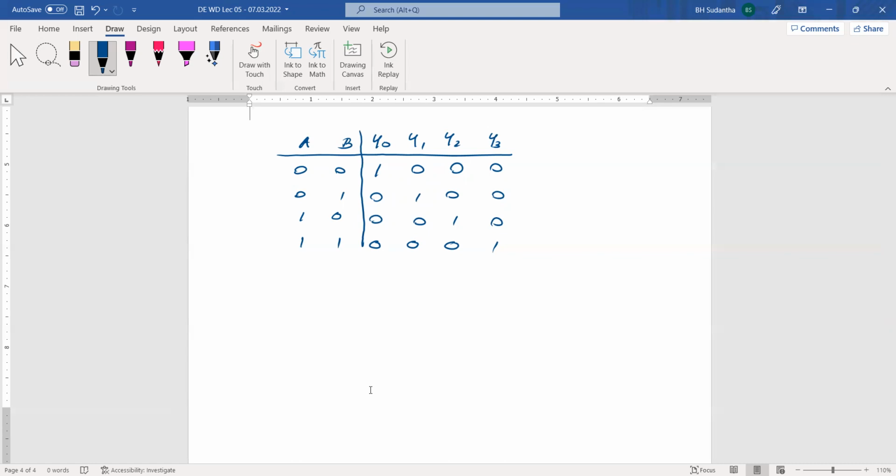Then if you have 4 outputs, how many output equations do we have to write? Yes, we have to write 4 output equations. Why? For each and every output line, we have to write a separate equation. Shall we try to write those equations? Can you take a couple of minutes and try to write those output equations?